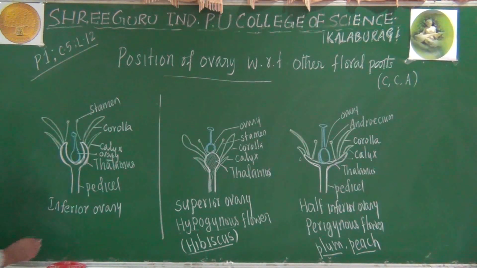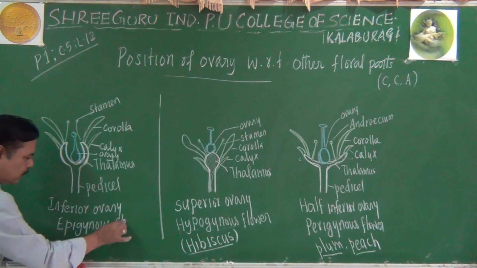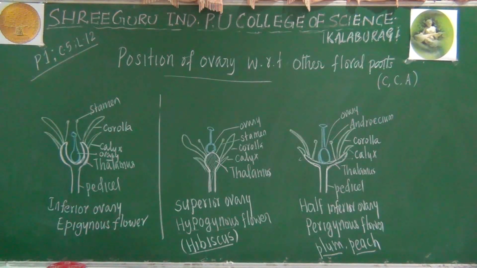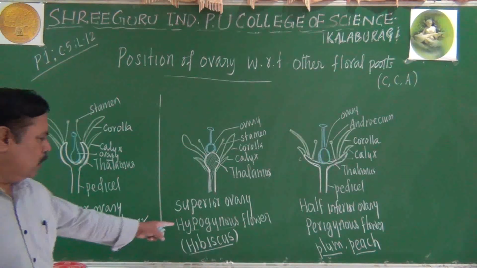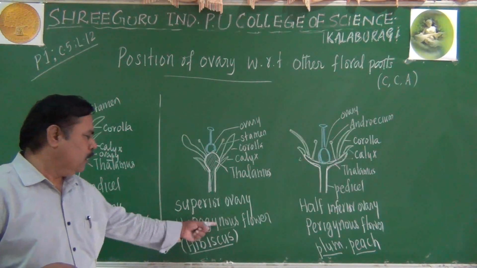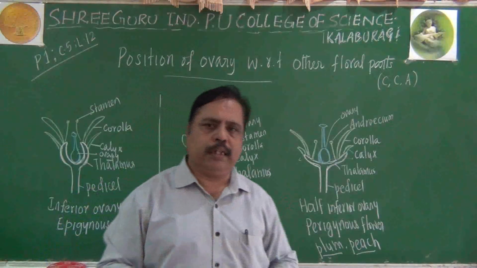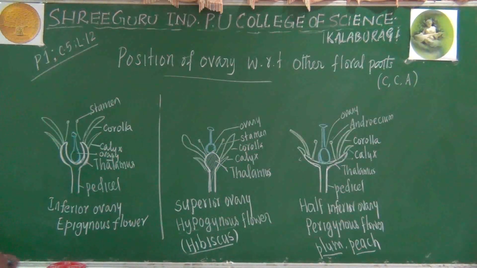Inferior ovary is found in epigynous flower. Remember students, epi refers to above, gynous refers to gynoecium; hypo refers to below; peri means surrounding the gynoecium on the same plane. So this is called epigynous flower.